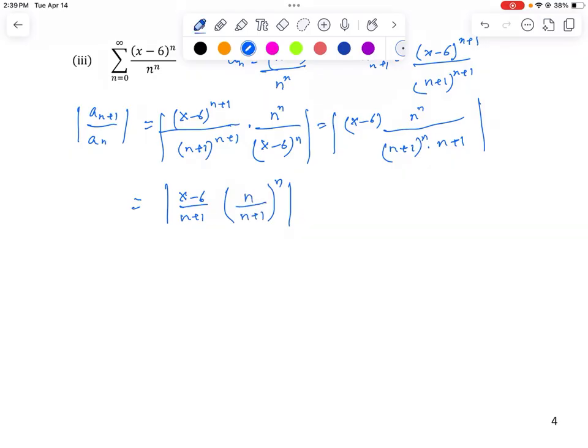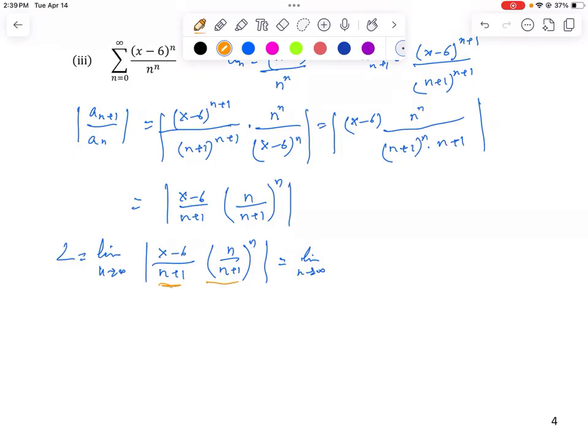So L equals the limit as n goes to infinity of this quantity, and the limit will be applied on the n plus 1 at the bottom here, and to this quantity.